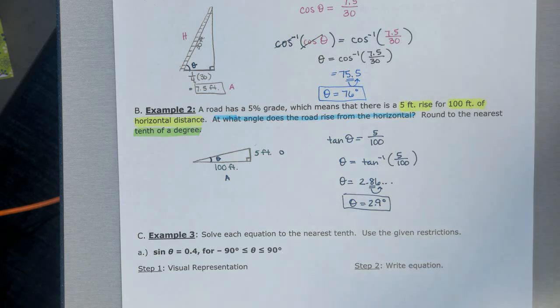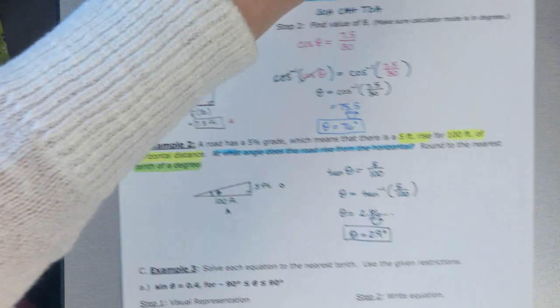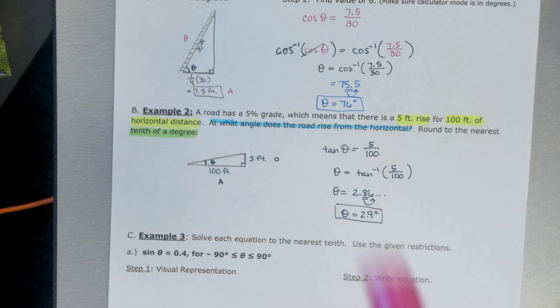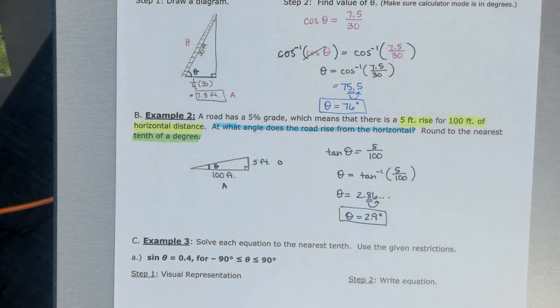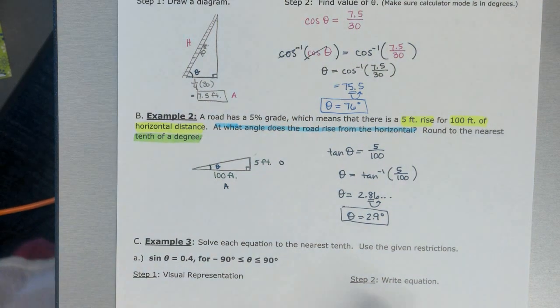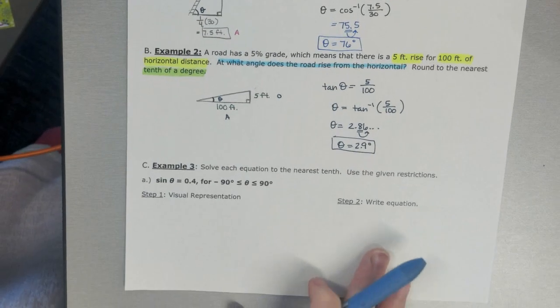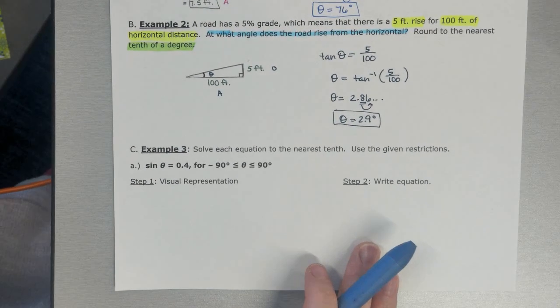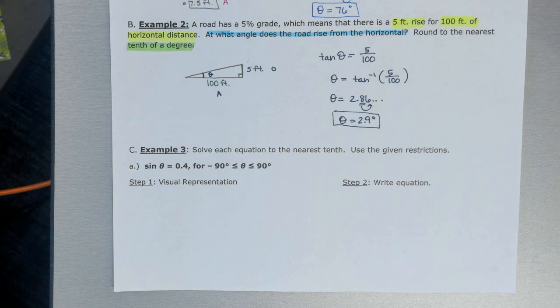Some of it is going to tie into yesterday, and it's also going to be tied to the unit circle. Okay, it's also going to be tied to your homework yesterday, so I am going to talk about that as well. So in example 3, we're going to solve each equation to the nearest tenth.